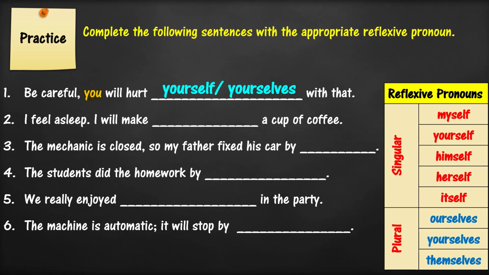Sentence number 2. I fell asleep. Notice that the subject is I. I will make a cup of coffee. I will make myself a cup of coffee. The mechanic is closed, so my father fixed his car by.